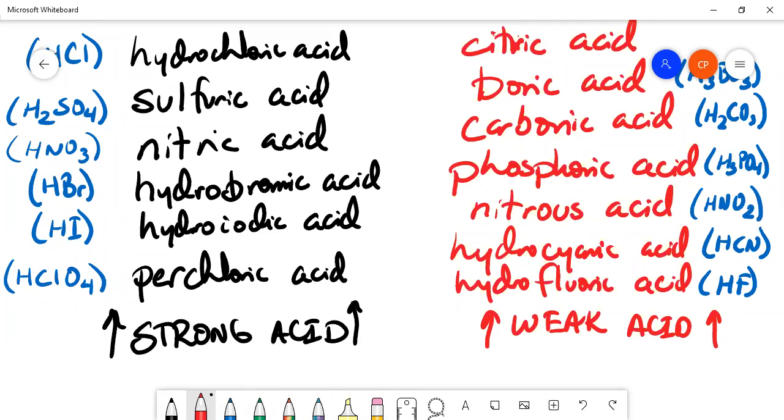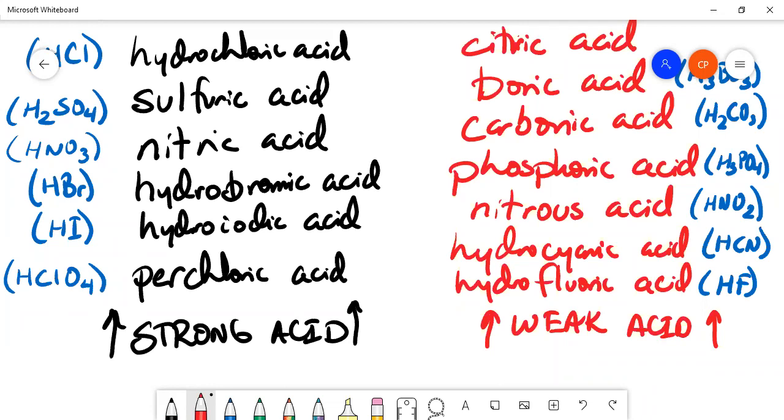What's the difference between a strong acid and a weak acid? What is it that makes a strong acid strong? Like I said before, it's not size. And it's not anything that has to do with its capacity for reactivity. Phosphoric acid is very, very reactive.